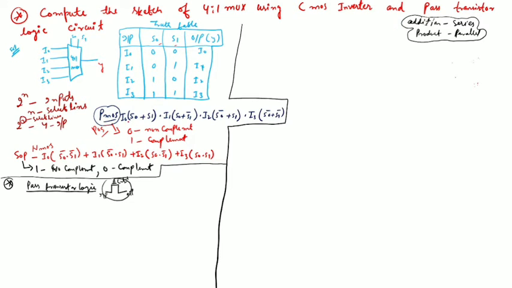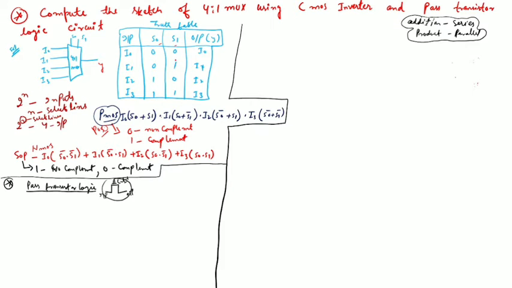this equation means, when we do POS, product of sum, firstly we do the sum of these inputs. So S0 plus S1, dot, this will represent the product, then with I0, and then dot I1, this will be multiplied with both these, S0 plus S1 complement.